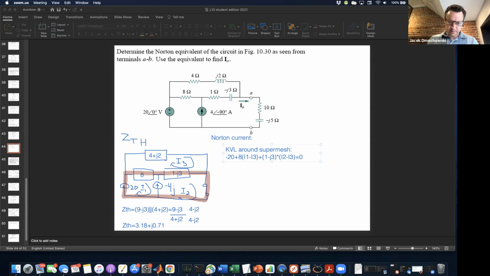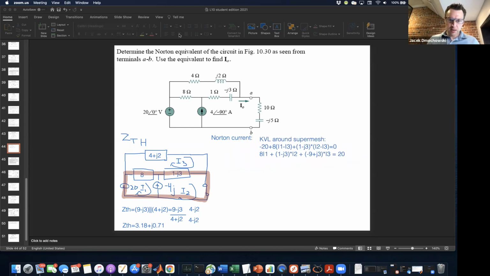That's the KVL around the super mesh, and that will simplify to 8 I1 plus 1 minus j3 I2 plus minus 9 plus j3 times I3 is equal to 20. Make sure I copy those right. That's equation number 1.